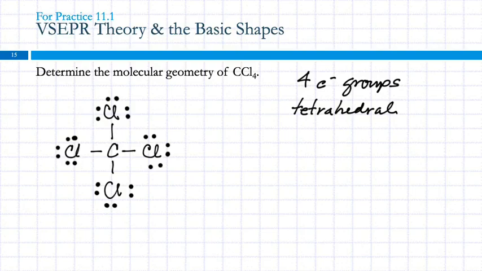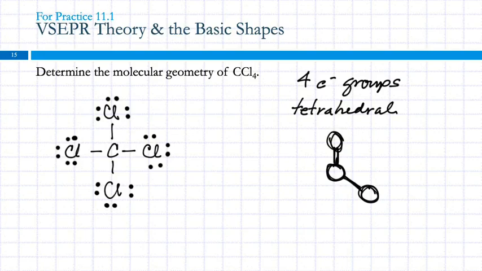The good thing about questions like this on an exam is they're going to be multiple choice. And so if you don't know how to spell tetrahedral or you don't know how to pronounce tetrahedral, you can still pick it out of a list, right? Tetra means 4. So how would we draw this? What would this look like? Well, we'll talk more about this a little bit later.